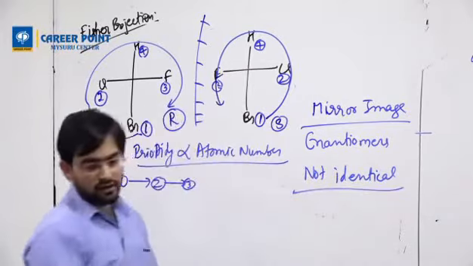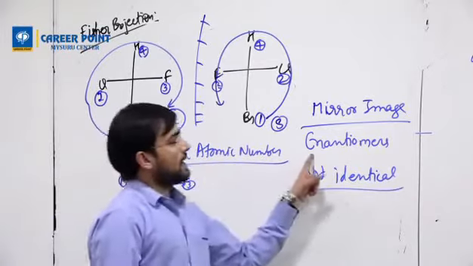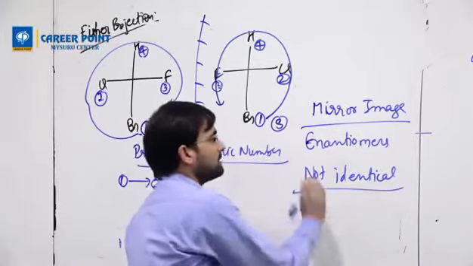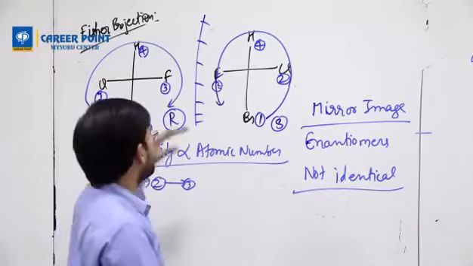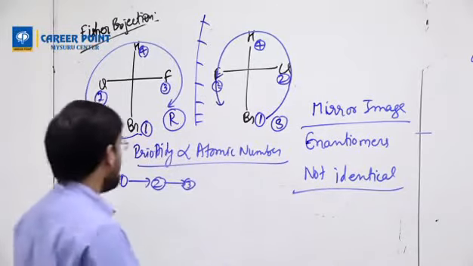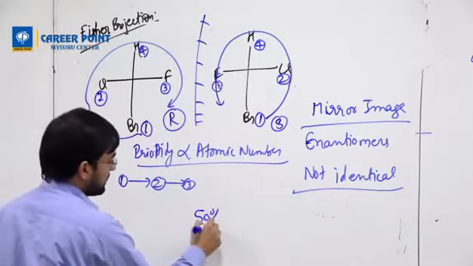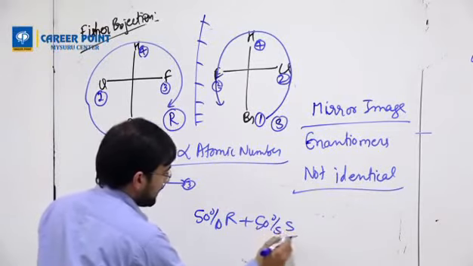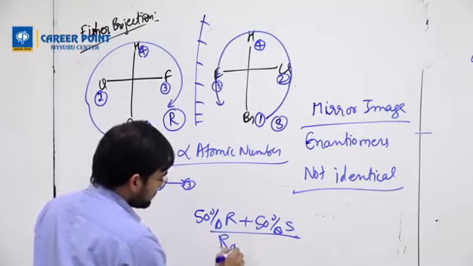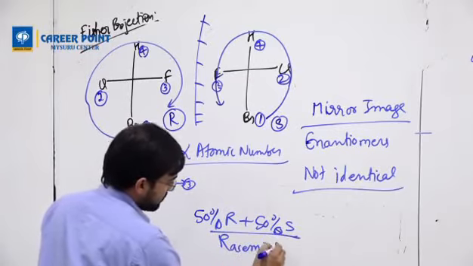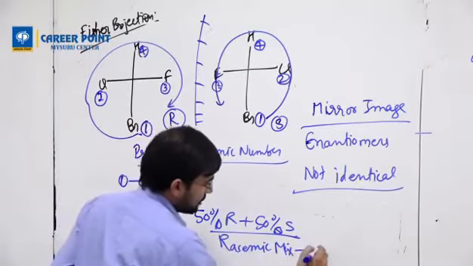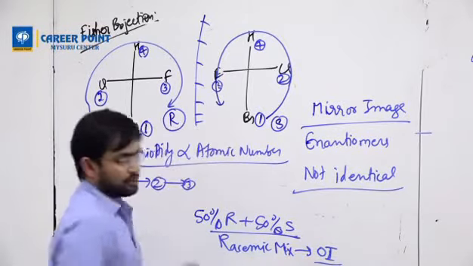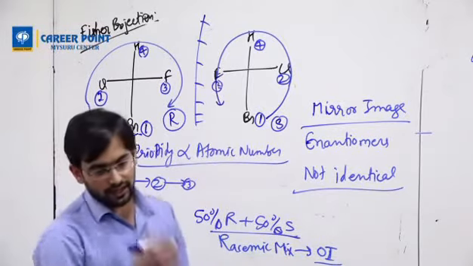They are an enantiomeric pair because one is R, one is S. And then if you take 50% of R plus 50% of S, you will get a racemic mixture, which is optically inactive.